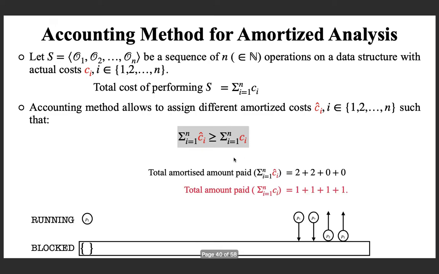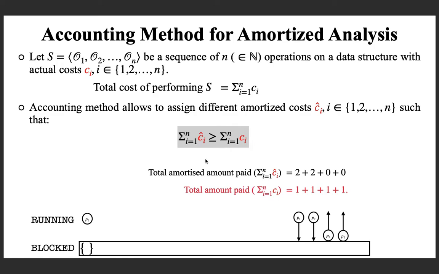Okay. For example, in this case we saw that this is the actual total cost. One enter operation, second enter operation, first exit operation, second exit operation. So total is this quantity, that is the RHS is 4. And what is the LHS?